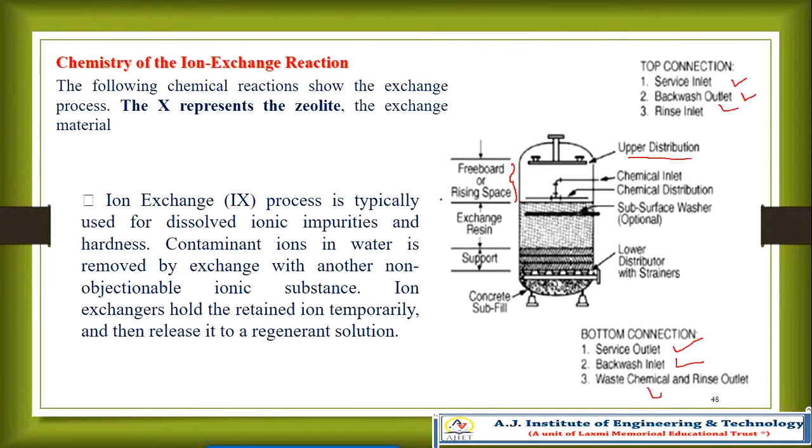Freeboard or rising space, upper distribution, chemical inlet, chemical distribution, and an optional subsurface washer will be there. The lower distributor with strainers and a concrete subfill will be at the bottom, and support will be provided. The lower distribution strainers will be at the bottom connections, and the exchange resins will be there. So this is about the vessel.